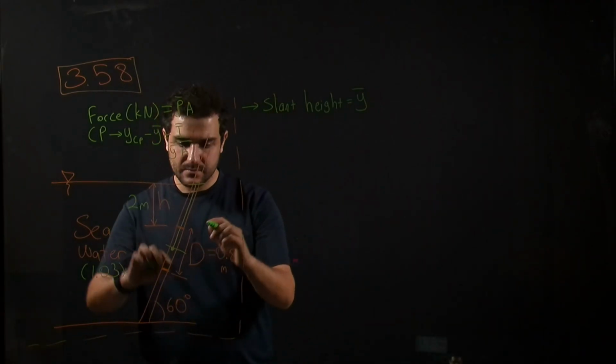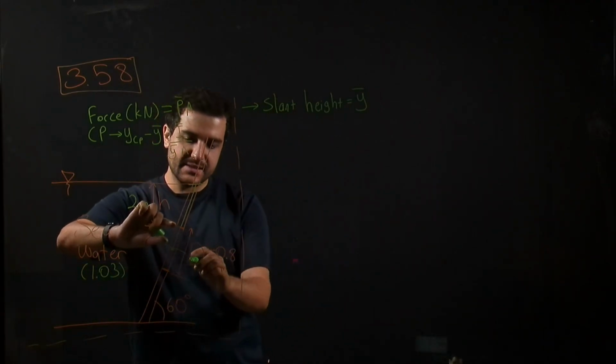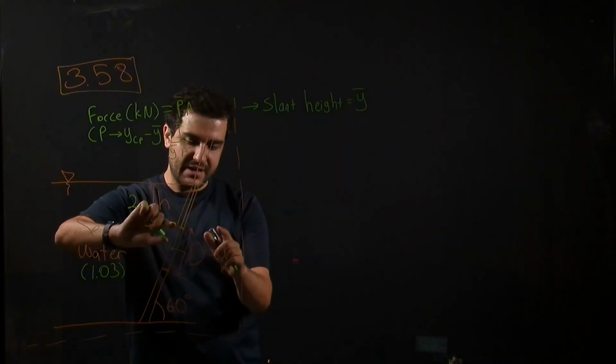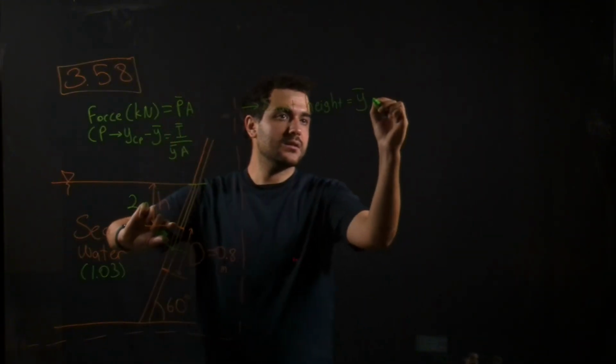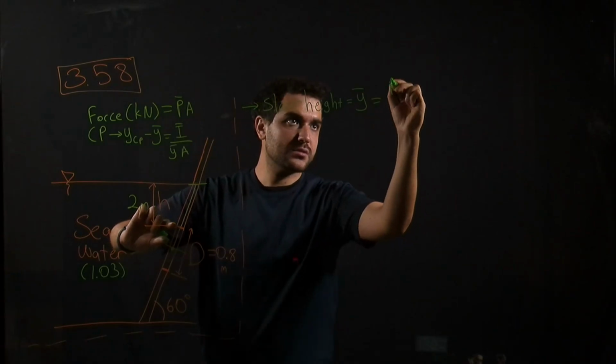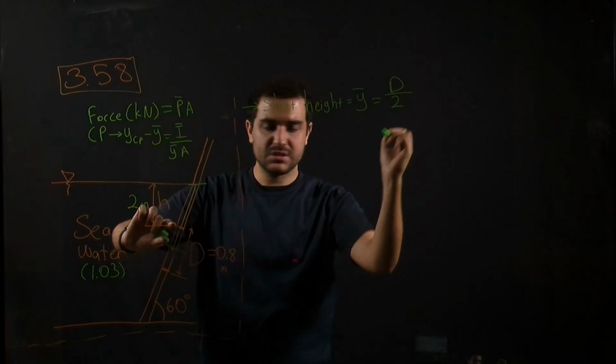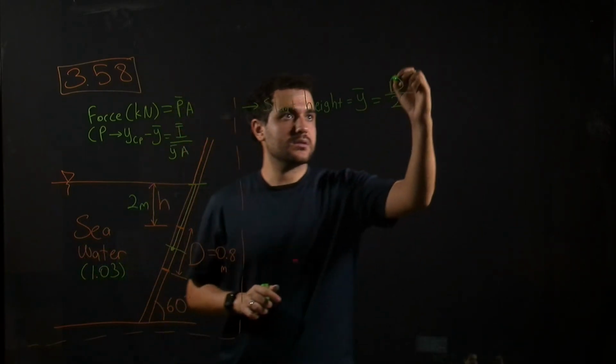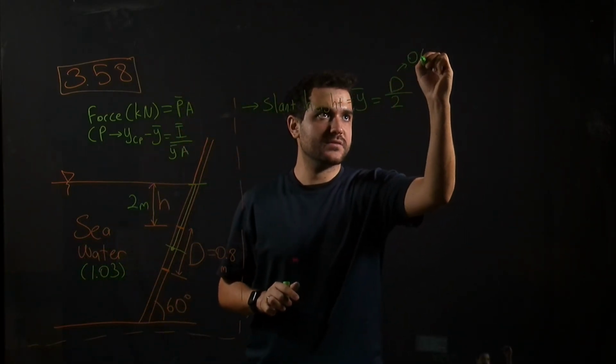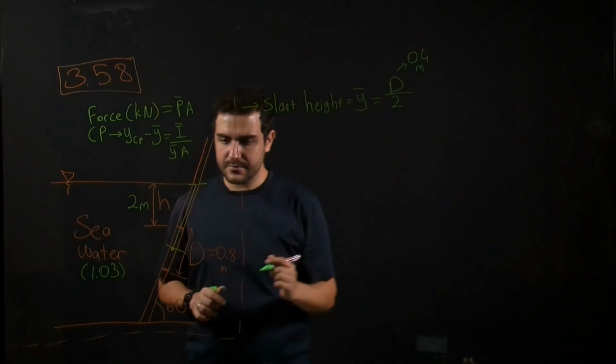So here, first of all, we have this half of diameter. So we have radius as 0.4, so let's say d over 2, or we can say 0.4 meters.